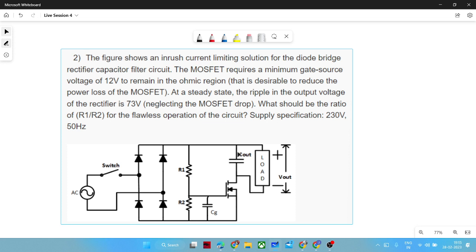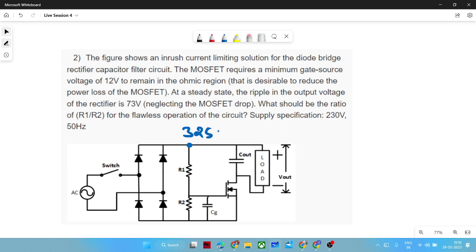Now the peak voltage will come at this node, whatever the peak is, 230, it means 325. So 325 will be the peak here, and your ripple is also given. So now you can compute the average output voltage.